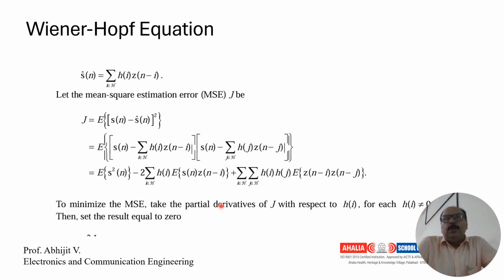So the objective is to minimize this value of J. Okay. For that, what we are going to do is take the partial derivatives of J with respect to H of J, considering H of J not equal to 0.